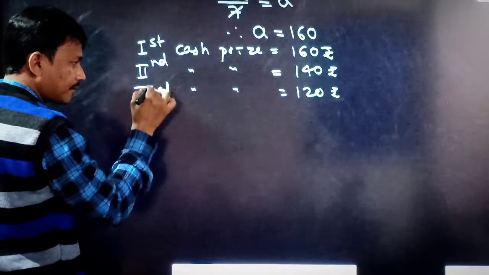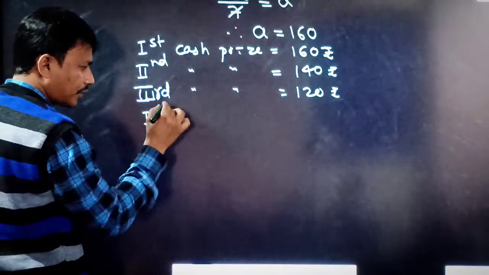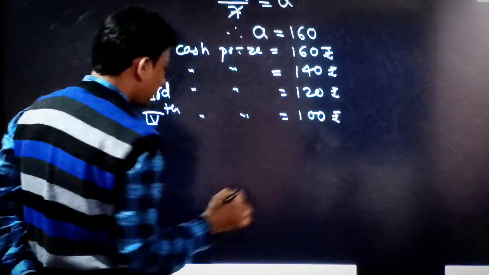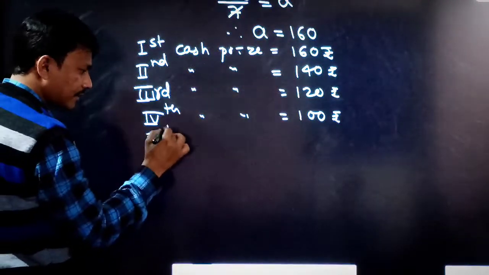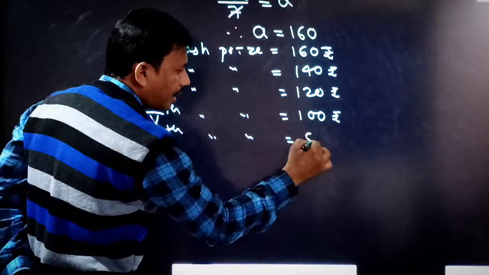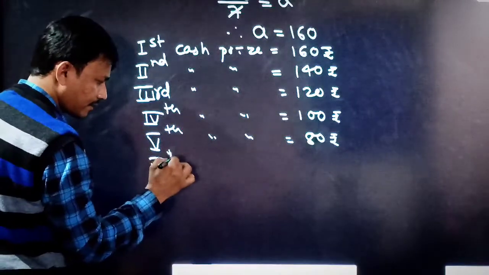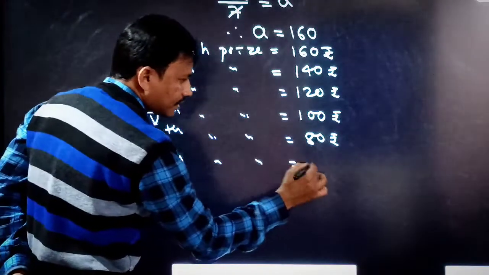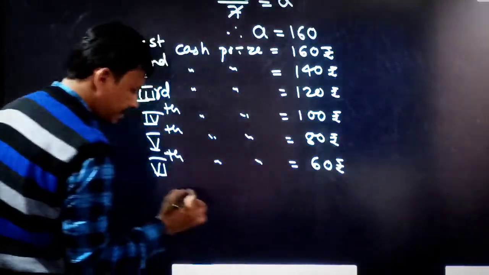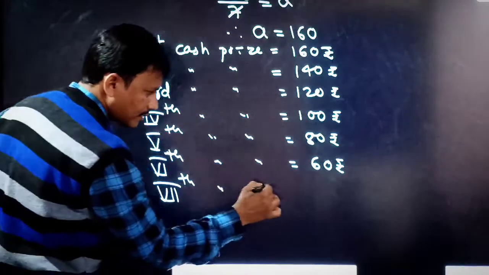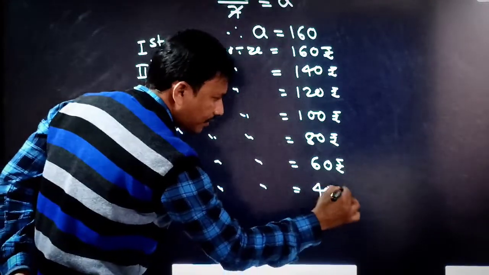Fourth prize is equal to 100 rupees. Then fifth prize 80 rupees. Sixth prize 60 rupees. Then seventh prize is equal to 40 rupees.